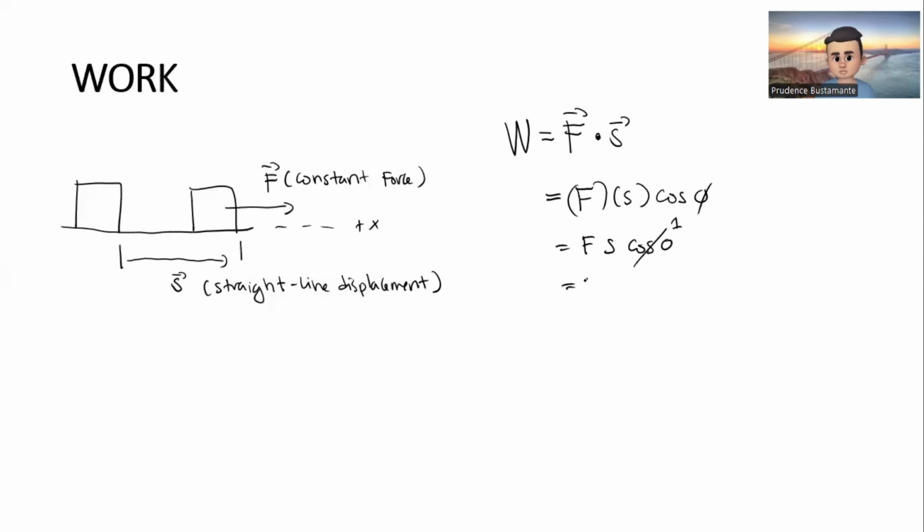So we have the force times the displacement. The work is defined to be the scalar product of the force and the displacement. If we have the same direction, then the work is equal to the magnitude of force times the magnitude of the displacement.